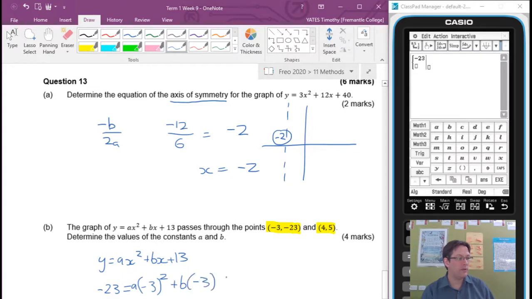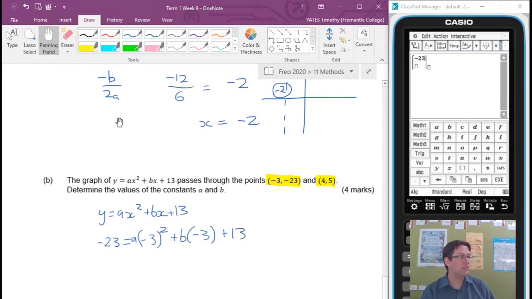Make sure you've got your brackets here. That's one equation. My second equation is going to be 5 equals a times 4 squared plus b times 4 plus 13.